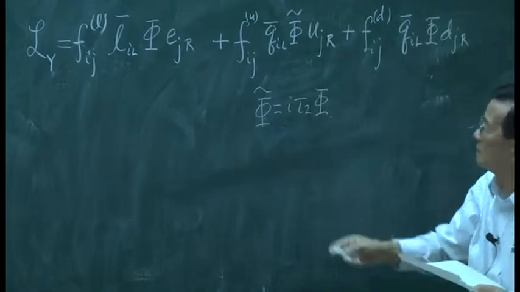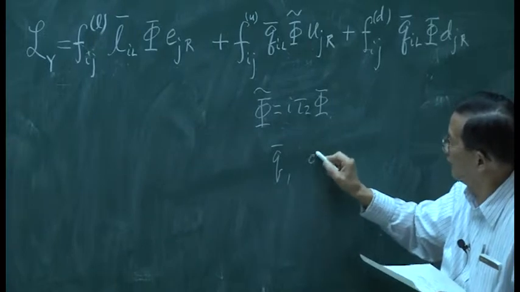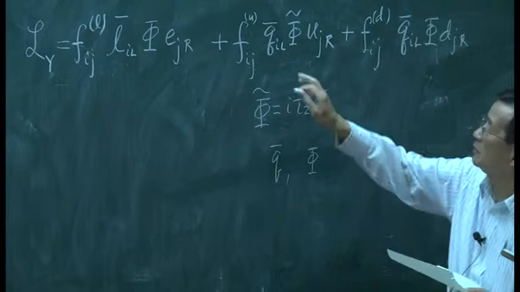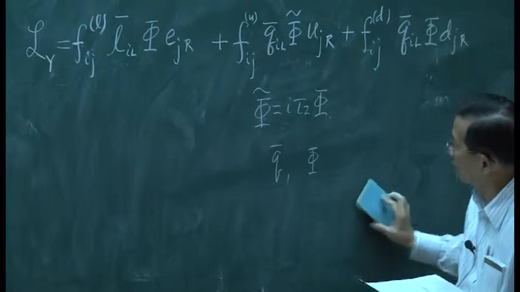In other words, for a doublet Q and phi, you can form two gauge invariant combinations, one of this and one of that. Now, I'll give you an analogy.